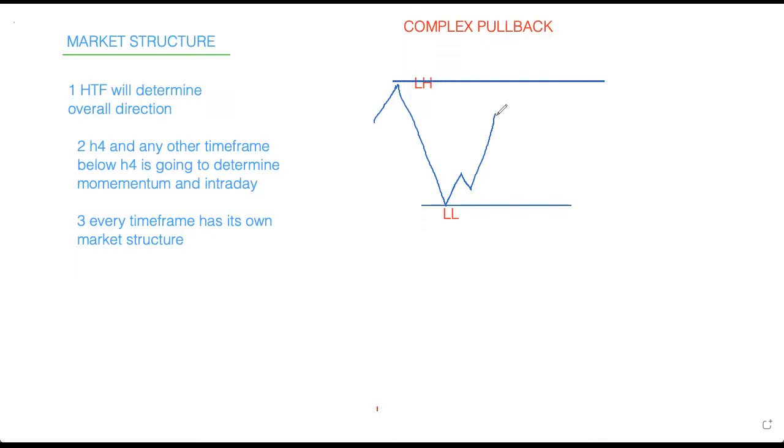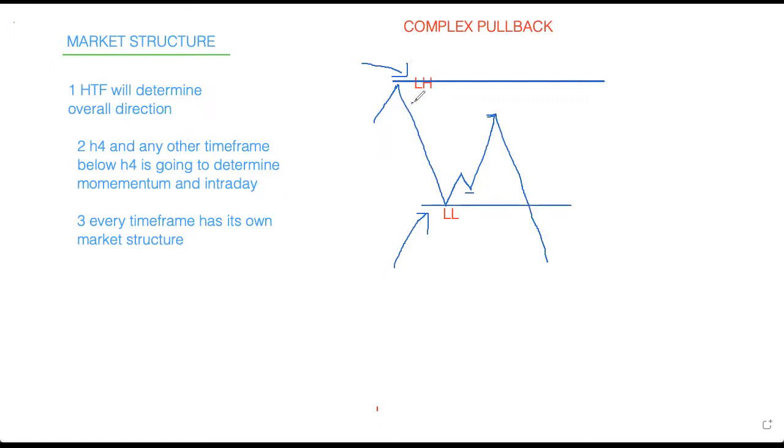It comes later on and breaks this lower low. So a complex pullback is the one that looks like it has a lower high and a higher high. But these ones are invalid. Why? Because they haven't broken this lower high and they haven't broken this lower low.